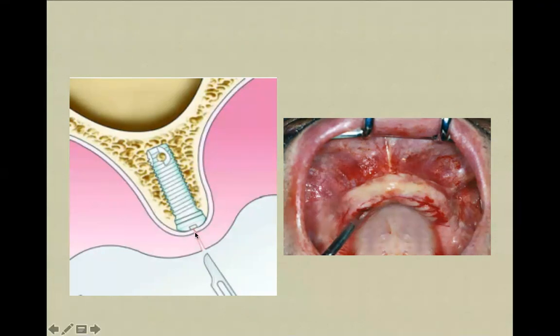Then we're doing an incision in the projection of the dental implant, and therefore it's very important to do your initial incision during your first step just within the mid-center, because the second incision should be done absolutely on the same side, because further on you need keratinized mucosa around the abutment to reestablish the anatomy of the periodontal pocket.